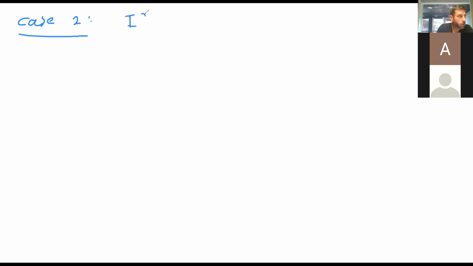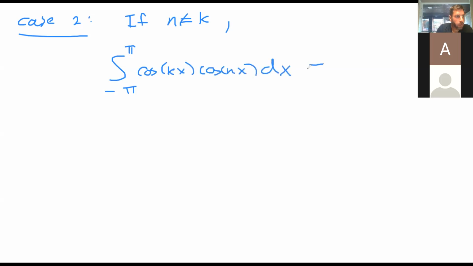So if n is not equal to k, the integral from negative pi to pi of cosine kx times cosine nx is always equal to 0. Always. You should work it out.